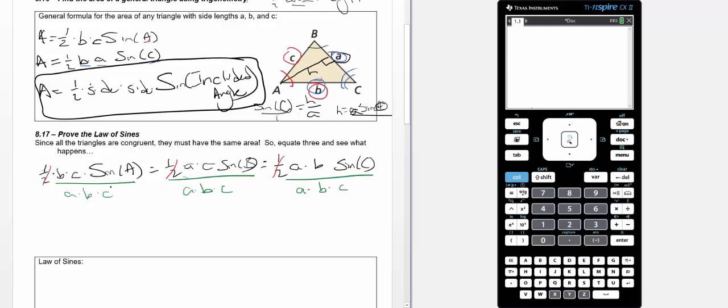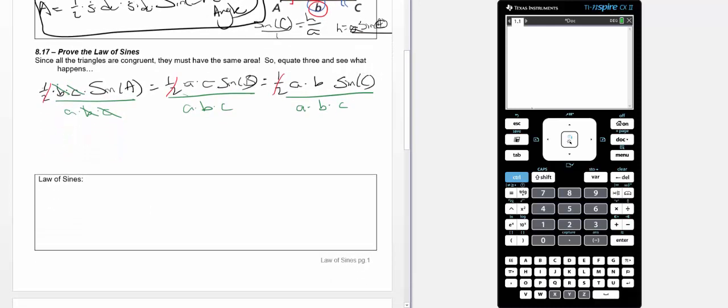And when you do this, we end up doing one of my favorite things to do in math, which is canceling and reducing fractions, because I see some things alike on top and bottom. B and B are alike on top and bottom, so I don't need them anymore. C and C are alike on top and bottom, so I don't need them anymore. What we end up with is that this first fraction simplifies. The only thing left is a sine A on top and a little a on bottom.